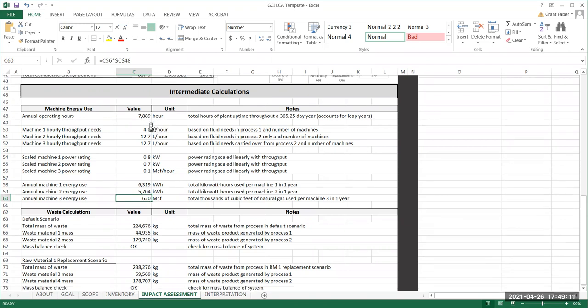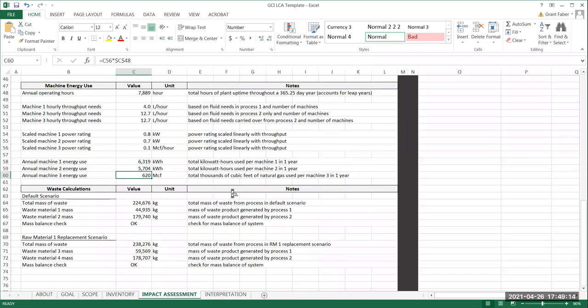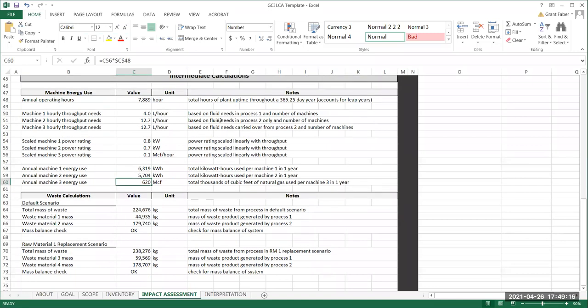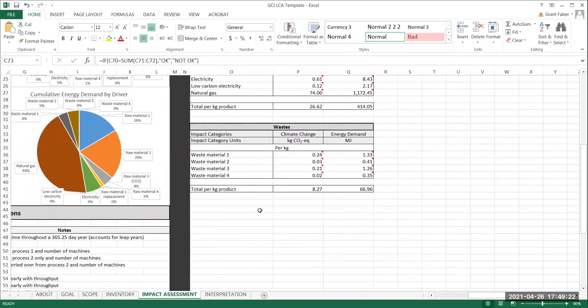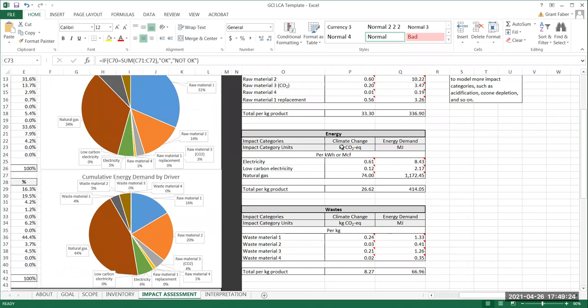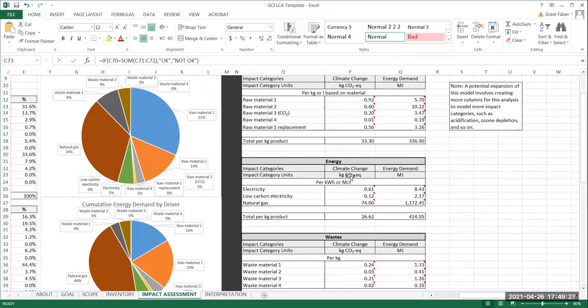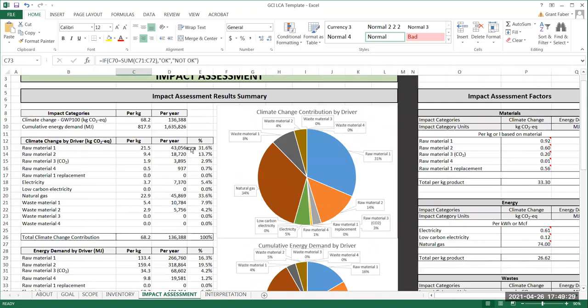And so, yeah, all of the intermediate stuff goes into this section, and then the results from this section ultimately are used in conjunction with these impact assessment factors for the final summary.